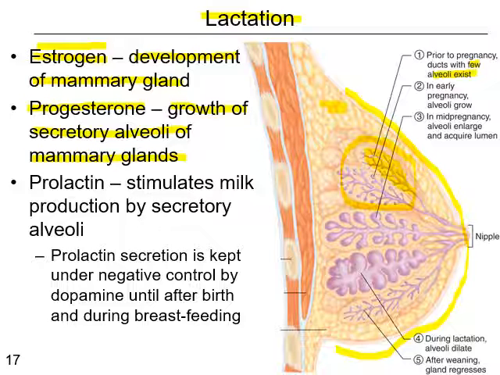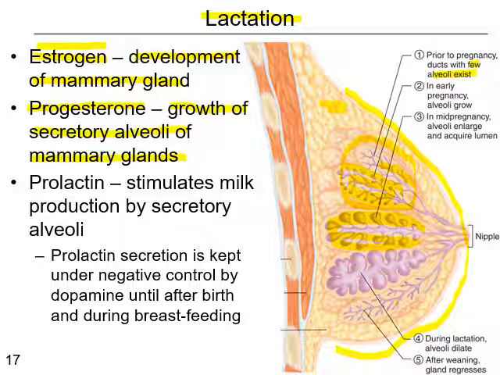Prior to pregnancy, there are ducts in the mammary gland, but there is poor development of the alveoli, these bubbles of cells at the end of the ducts. So estrogen helps the mammary glands develop the ducts. Progesterone triggers those ducts to develop secretory alveoli, well-developed secretory sacs at the end of each of these ducts.